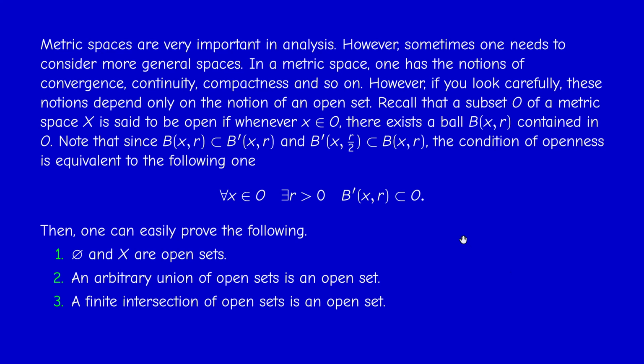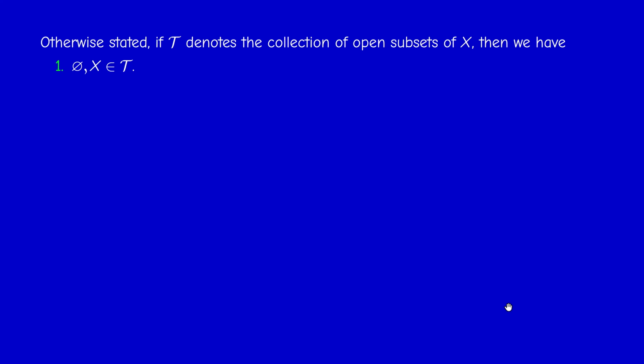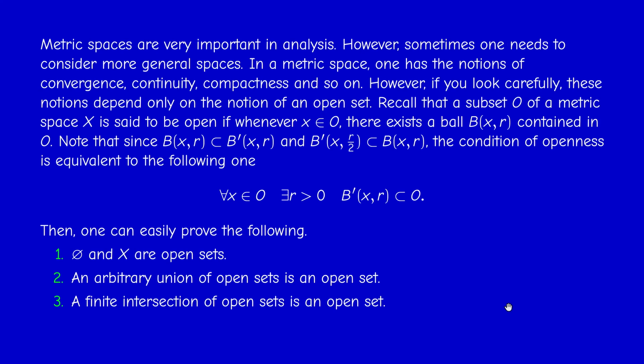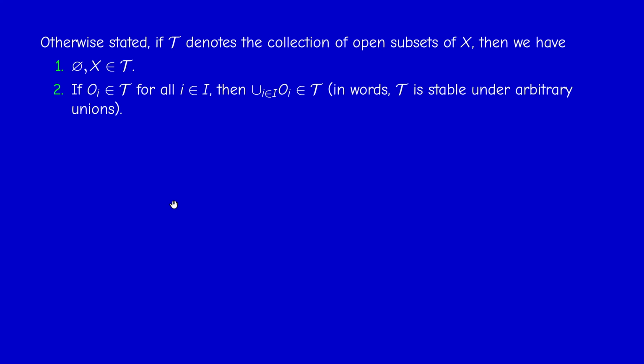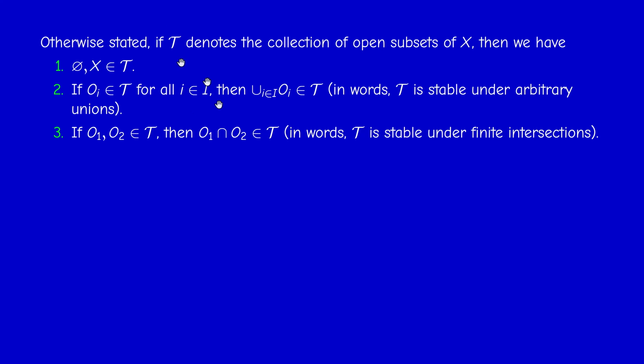Now this was a theorem actually, or a proposition in metric topology. And to move to more general spaces, we take this proposition as a definition, an axiomatic definition of a topology. So if we denote by calligraphic T the collection of open sets in a metric space, we can restate this proposition in the following way.